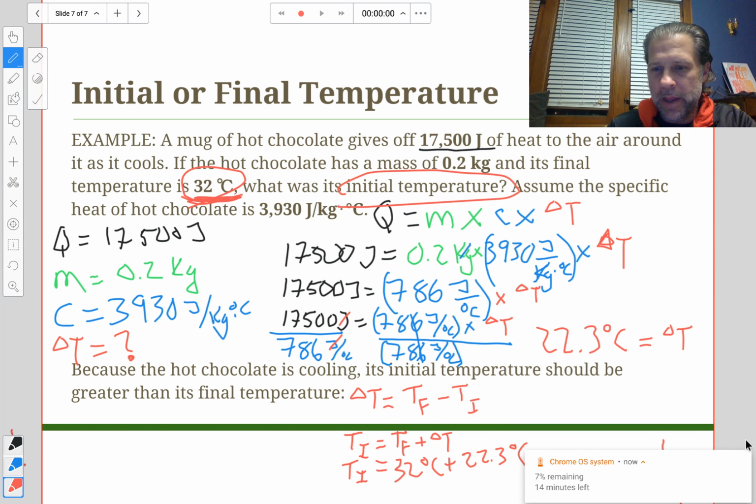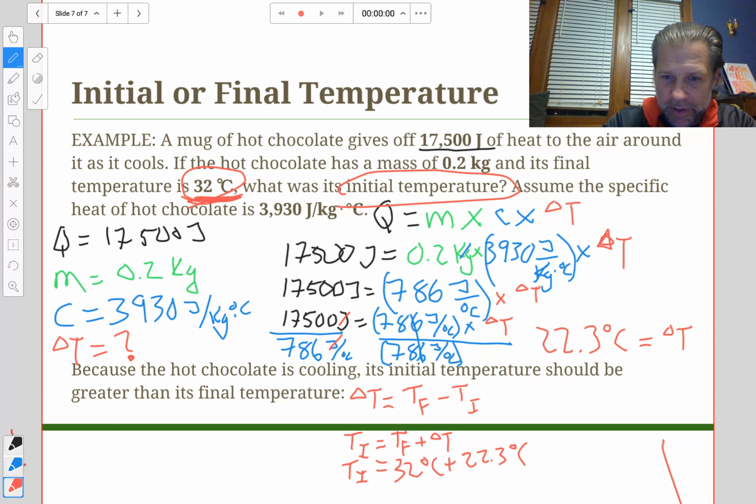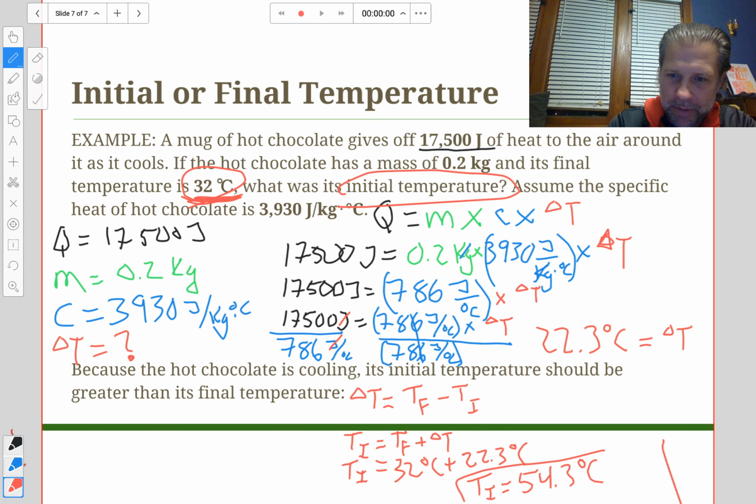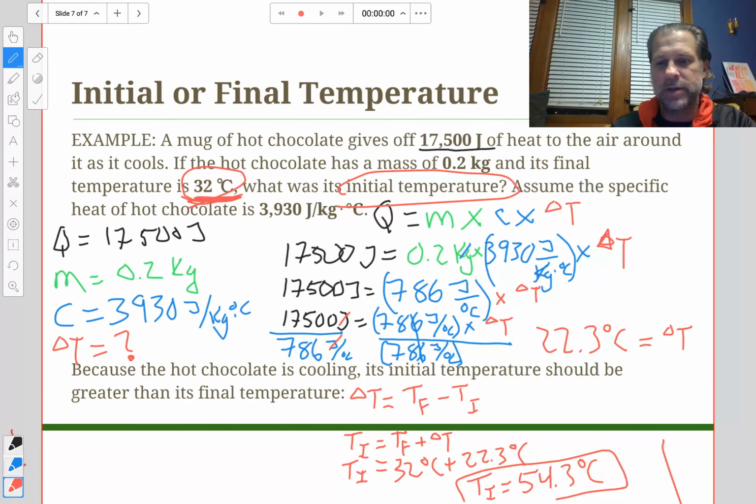So in this problem, I'm going to add these things up. To get my initial temperature, Ti, 32 plus 22.3 is 54.3 degrees Celsius. So the actual answer to this problem is 54.3 degrees Celsius. That was the temperature at which we got the hot chocolate.